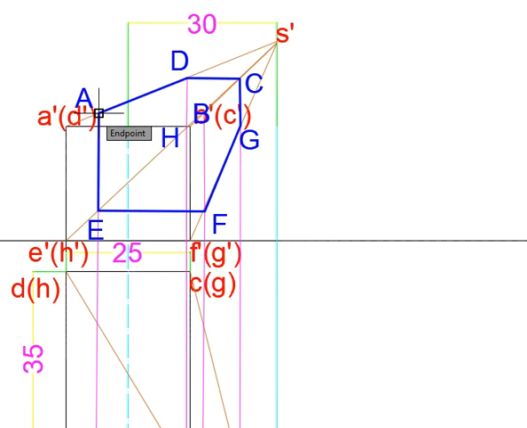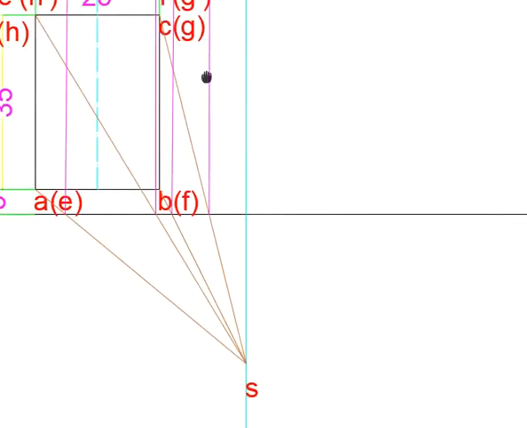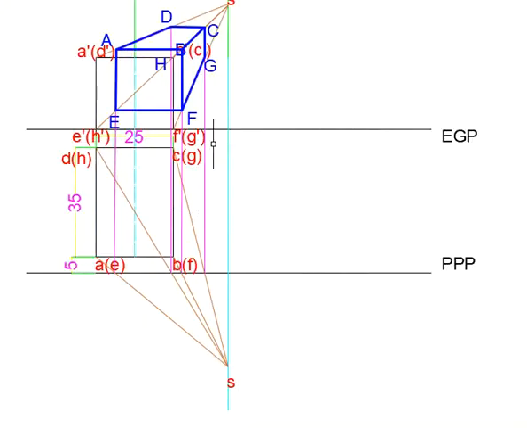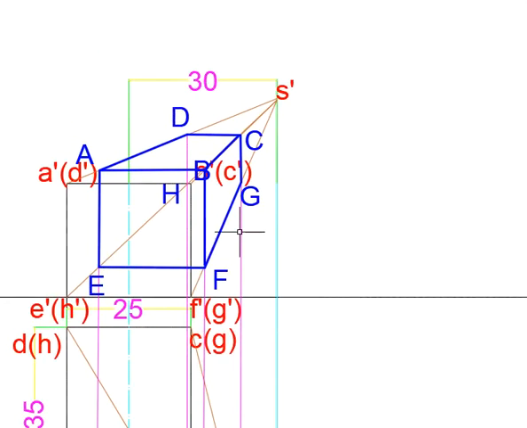Since point s dash is above the top surface, ABCD is visible, and front surface ABEF is visible because it is visible from the picture plane, front view. So you can draw continuous lines. Only one point H is away from the observer, so that is actually inside this boundary. So you can draw dotted lines connecting H and all other points.